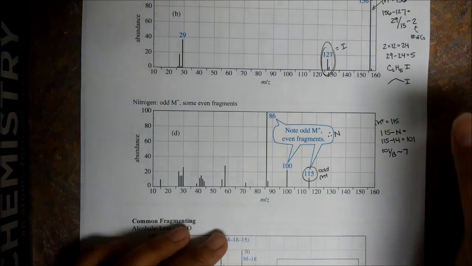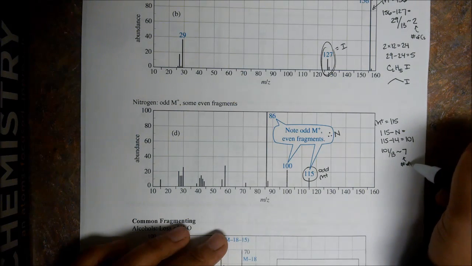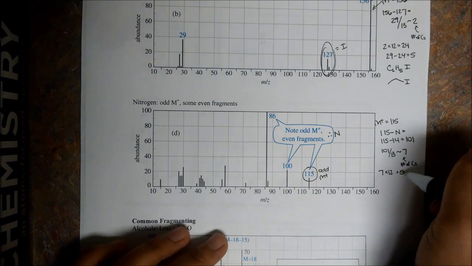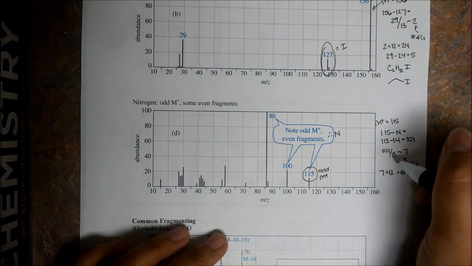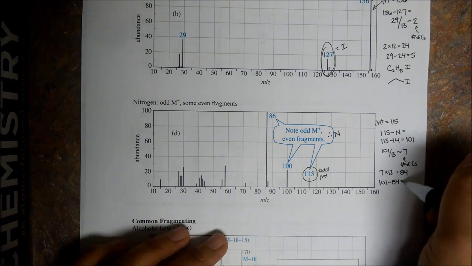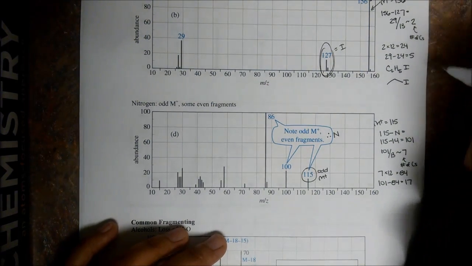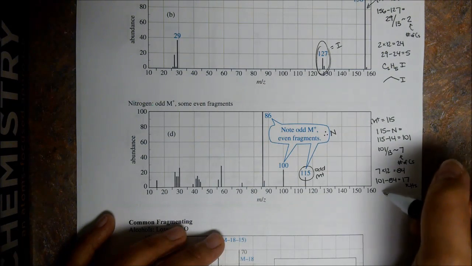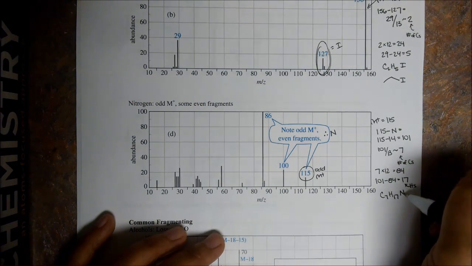So this is our number of carbons. 7 times 12 equals 84. We had 101 left. 101 minus 84 equals 17. Whatever is left over, these are hydrogens. So we've got C7H17N.